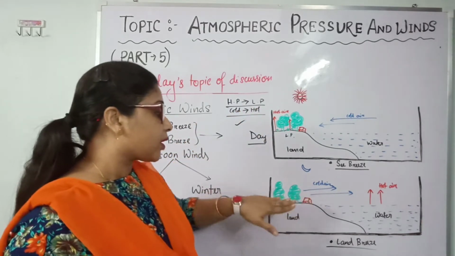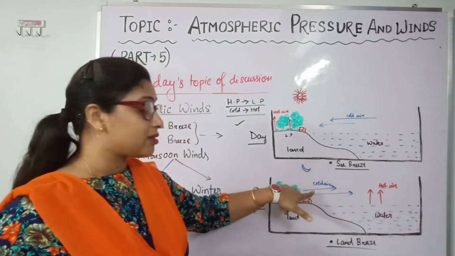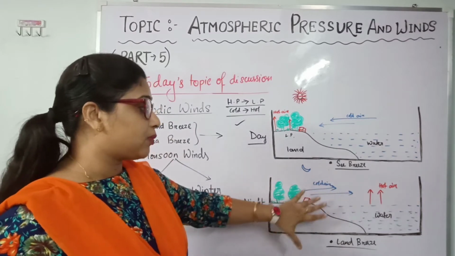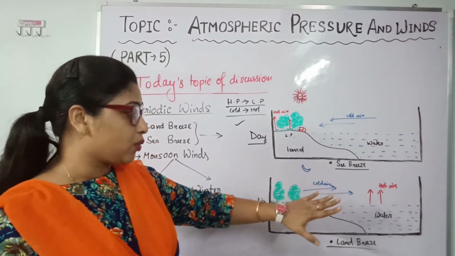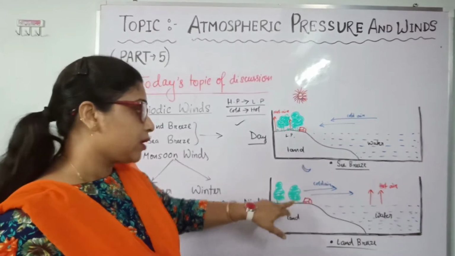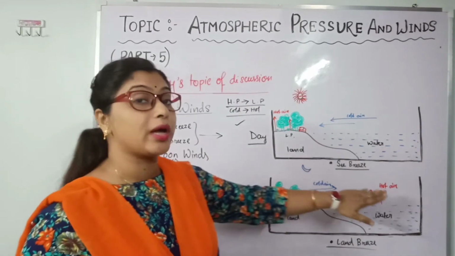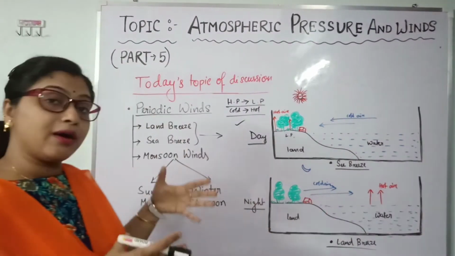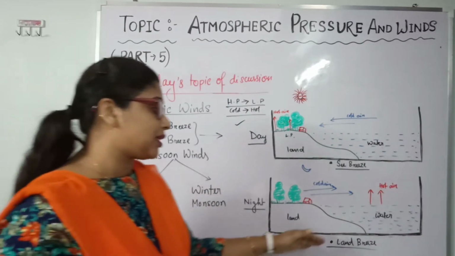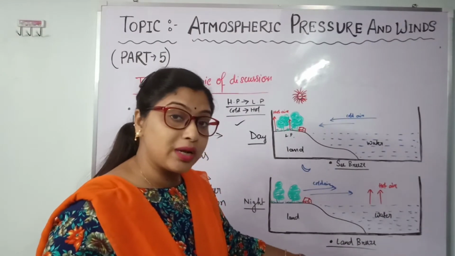So from the land to the water bodies. Okay, see the arrows. Now it will be clear to you how the wind is blowing. From the land areas to the water bodies, as it is coming over the land, it is known as the land breeze.